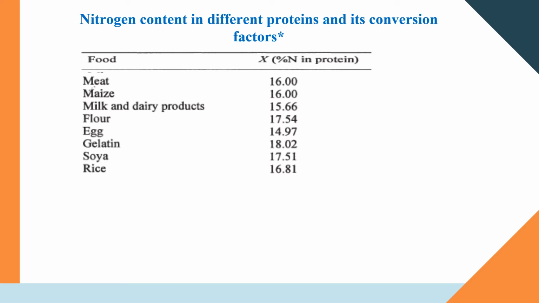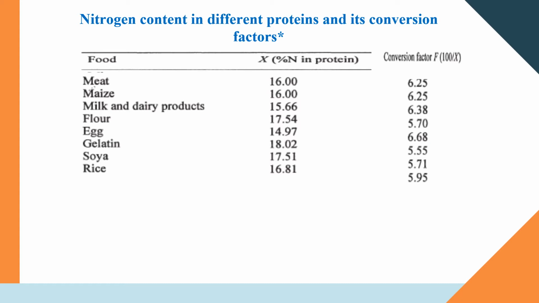If you divide 100 by the nitrogen content in each food, you will get the so-called conversion factor. So for instance, for milk, if you divide 100 by 15.66, then you will get 6.38, which is the conversion factor.